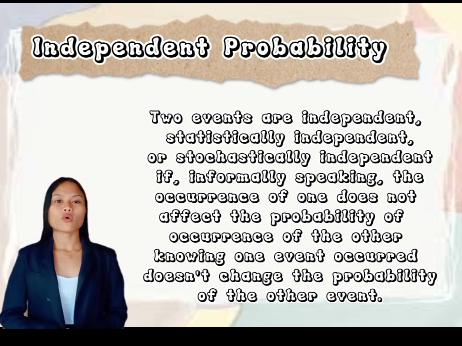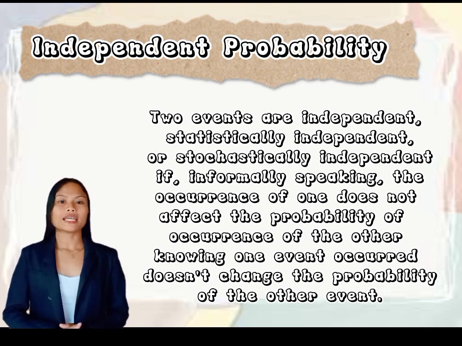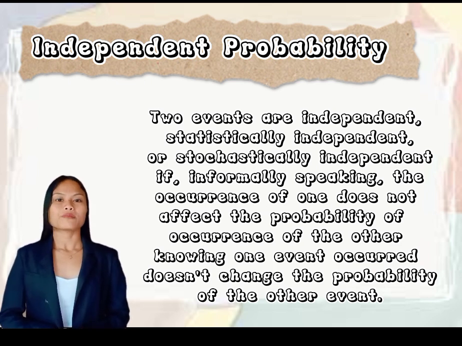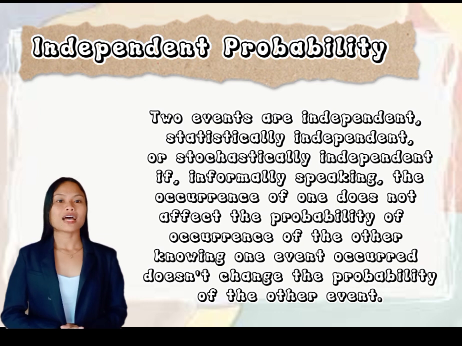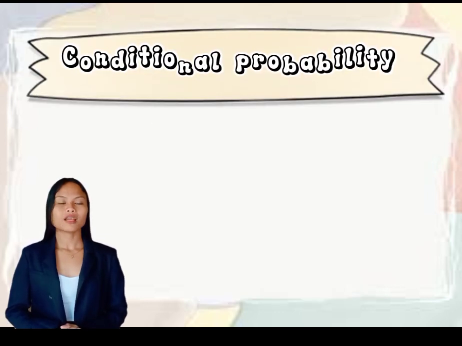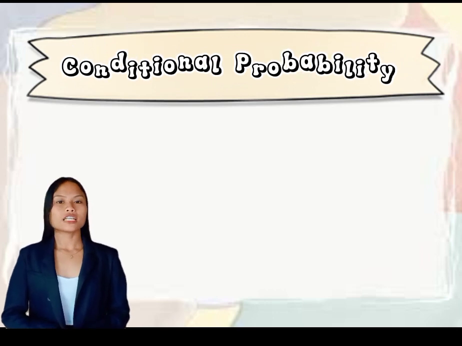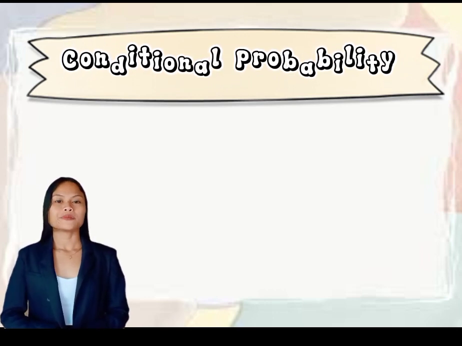Knowing one event occurred doesn't change the probability of the other event. For example of independent probability, you flip a coin and get a head, and you flip a second coin and get a tail. The two coins don't influence each other.